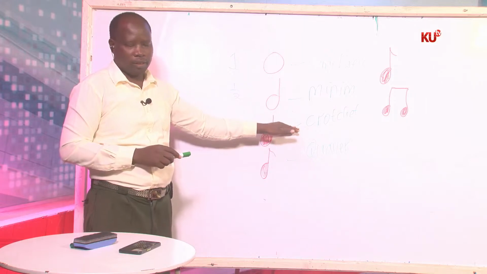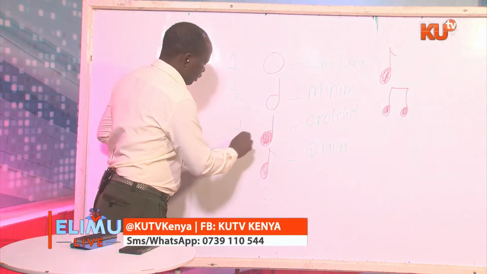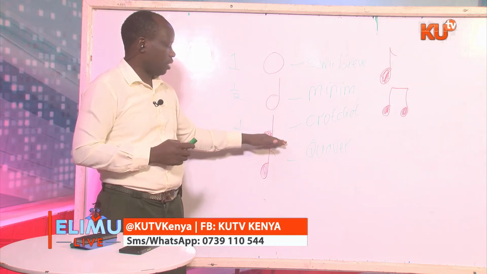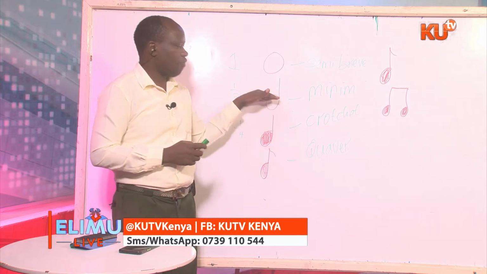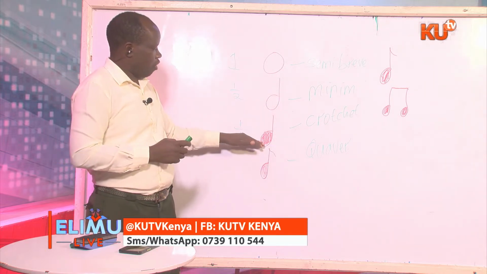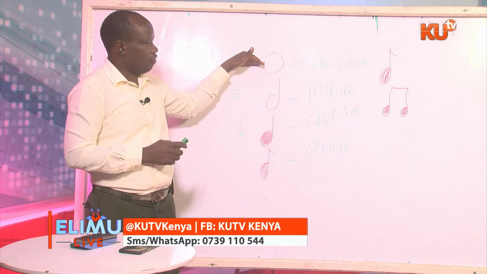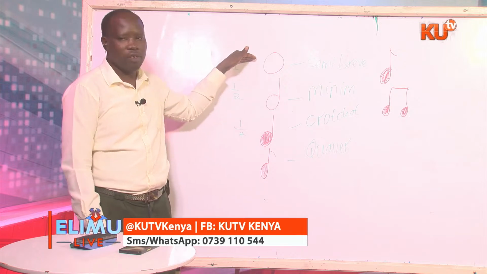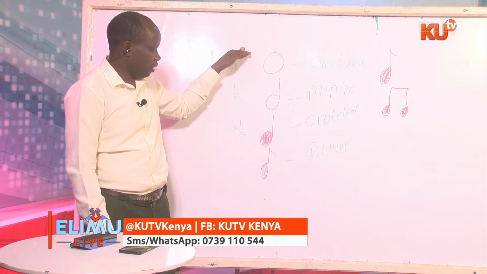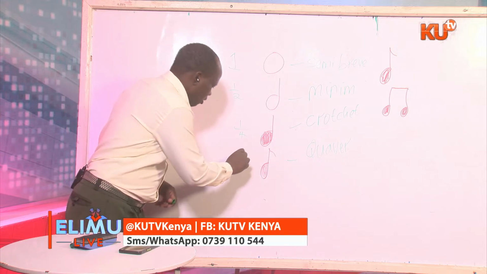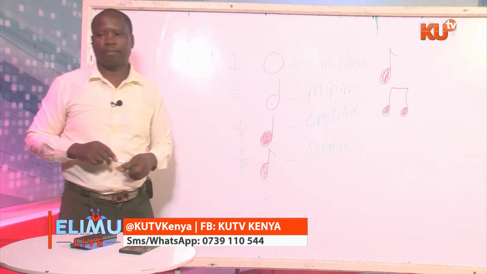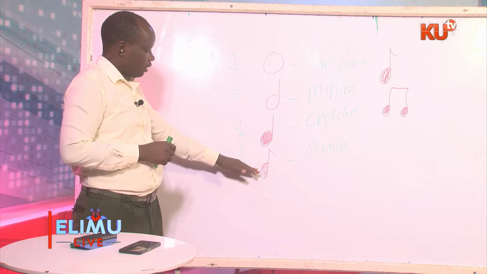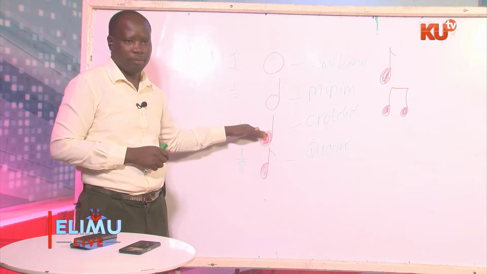The value of crotchet is a quarter. It is also called a quarter note. And why is it called quarter? It is called a quarter note because the value of crotchet is half the value of minim, and a quarter the value of the semi-breve. So this crotchet goes into semi-breve 4 times. Then the last one, quaver, is called an 8th note, meaning its value is half of the crotchet.